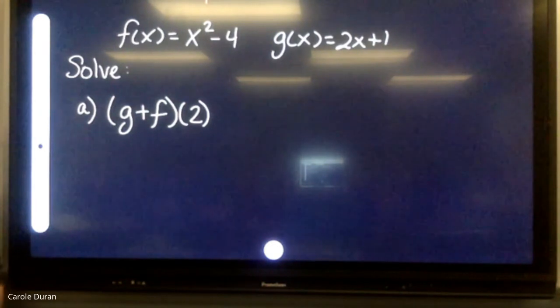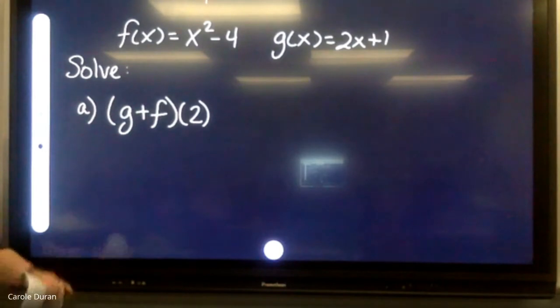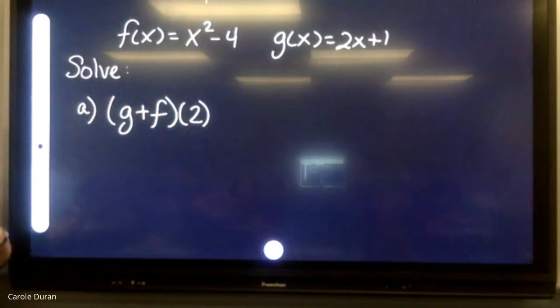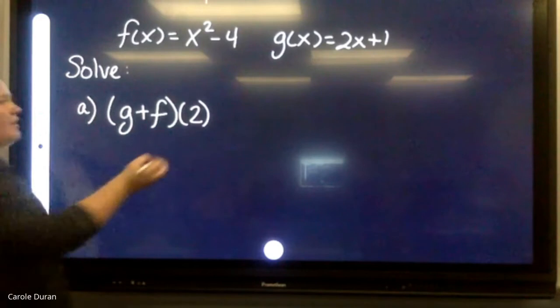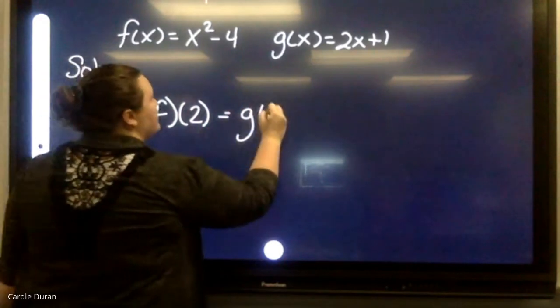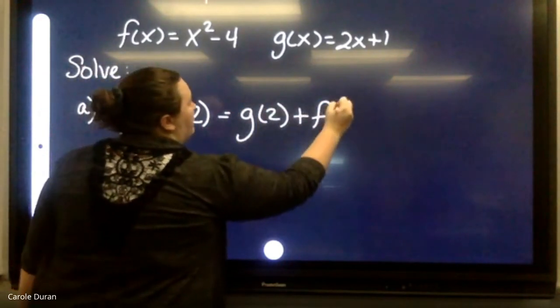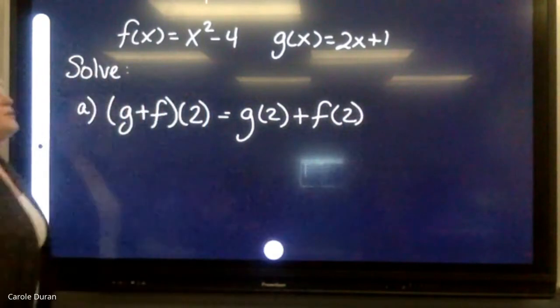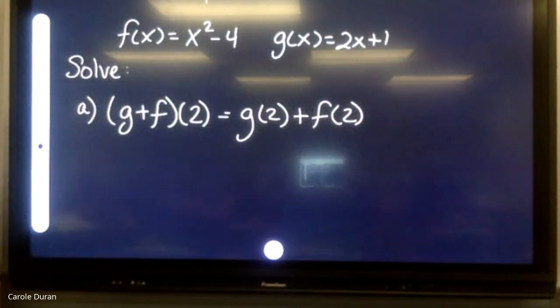I'm going to show you the easiest way and the fastest way. If you'd like to see the other, I will happily show you that as well. Just like on the previous problem, I can now separate this into the addition of the two functions individually. Again, instead of having an x, I'm going to input the number that I'm going to be solving at. So that expands into g of 2 plus f of 2, instead of g of x and f of x. Again, maintaining the same order I was given the problem in.